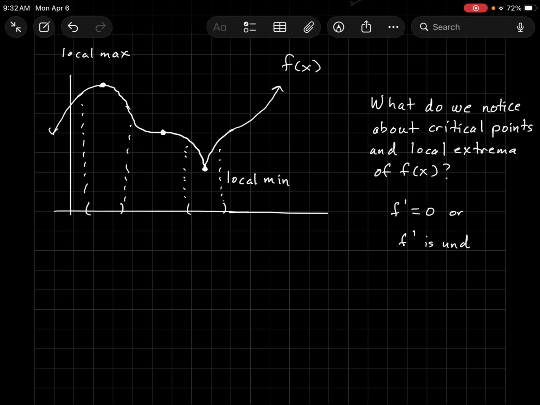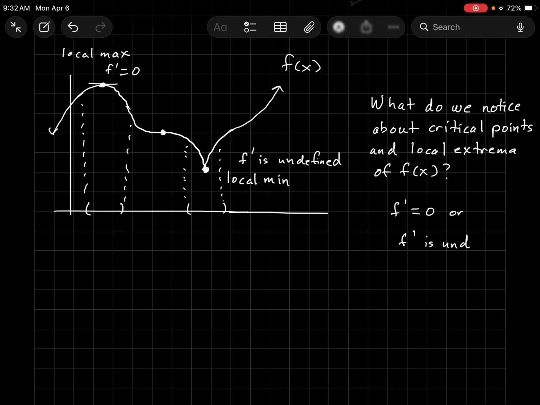In fact, now let's label our critical points. This local max is when f prime is 0, right? That is, f is momentarily flat or horizontal. At the local minimum, I see that f prime is undefined.